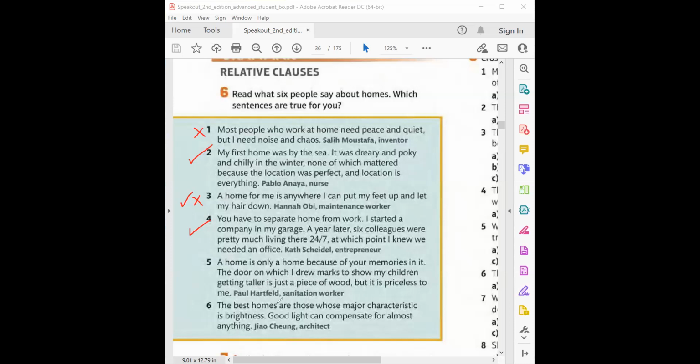Well, that's true. What does priceless mean? Priceless means very precious. What does precious mean? It's very important. Oh, okay. Valuable.